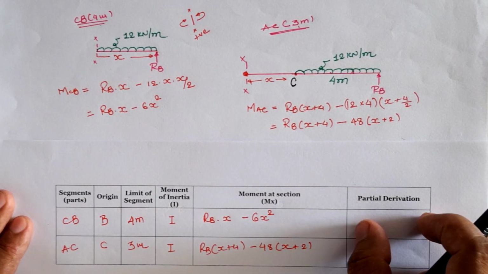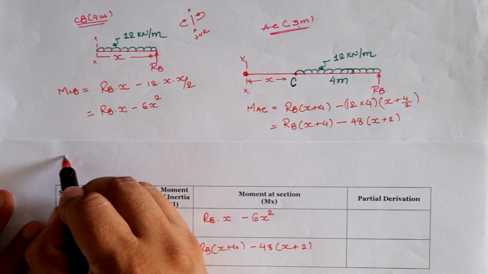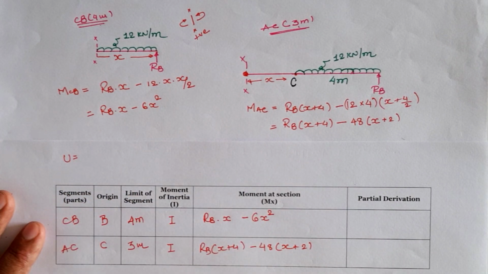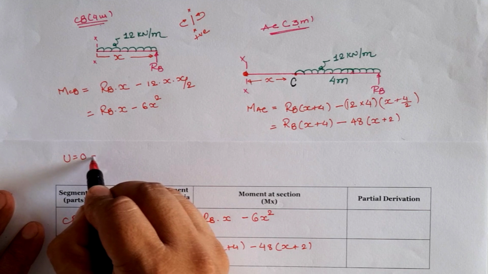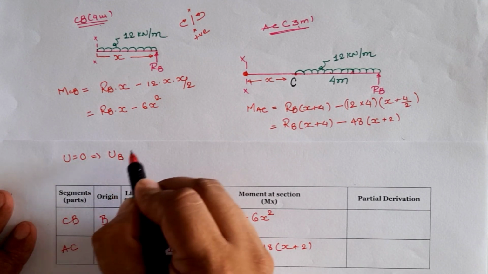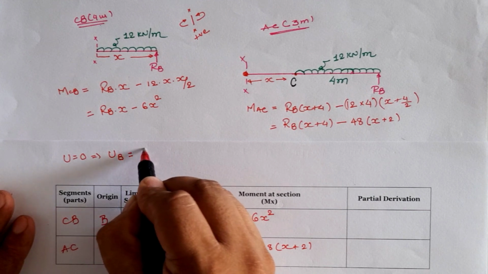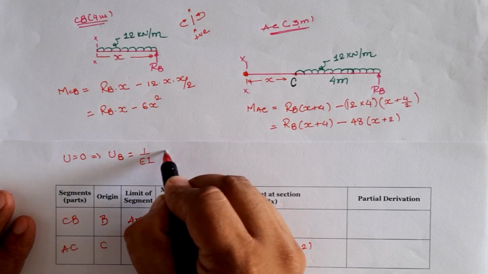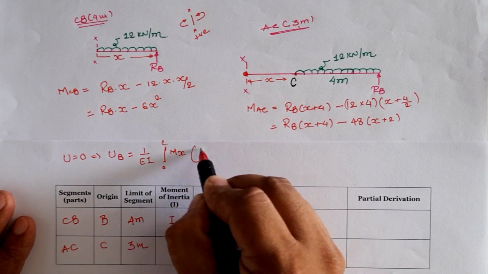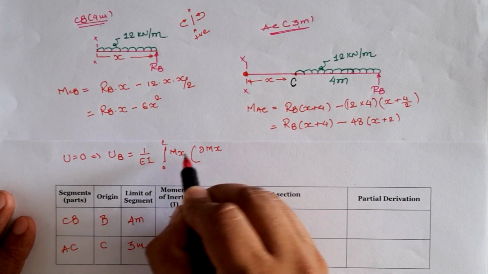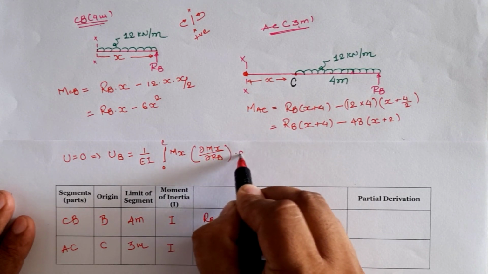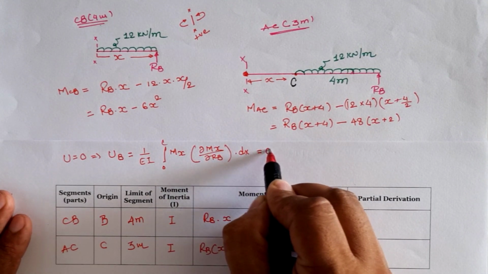now going for the partial derivative. According to Castigliano's second theorem, strain energy at the location where deflection is 0 is also 0, hence the strain energy at location B, as we assume RB as redundant, has the mathematical equation 1 by EI integration over the entire span of the moment at the section into the partial derivative of this moment with respect to the redundant RB, dx, which must be equal to 0.